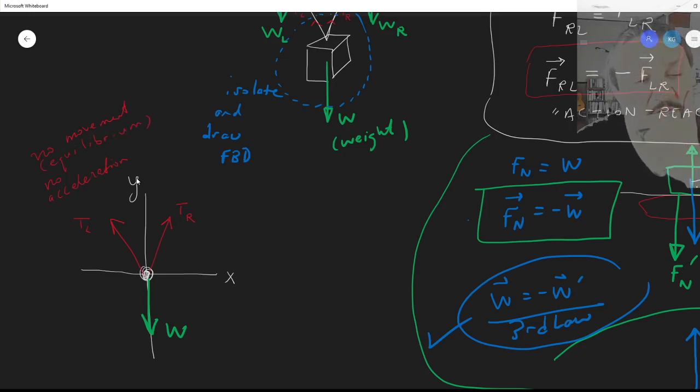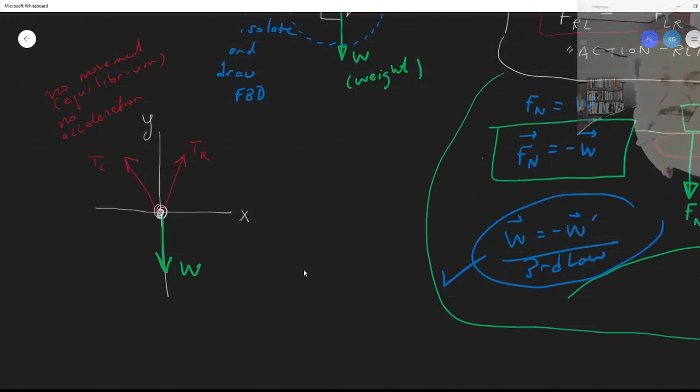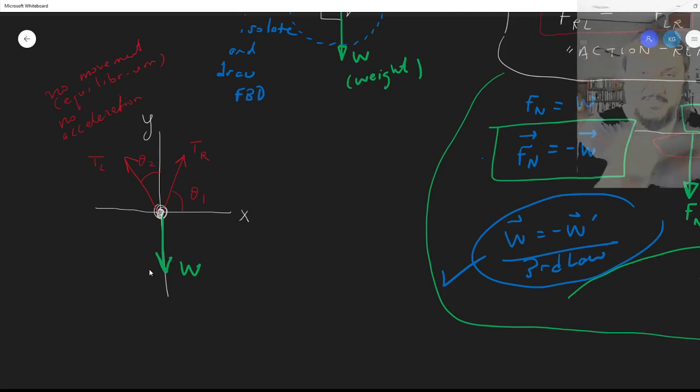What do I do with this graph then? I have to also include some angles here, like maybe theta 1 and theta 2. Now remember when I was telling you about the object I'm holding, if I'm just holding like this, this means the force I'm exerting on the object, the normal force, is equal to the weight of the object in magnitude.